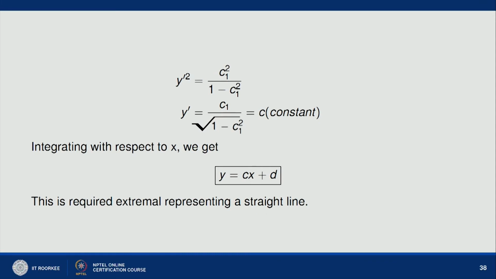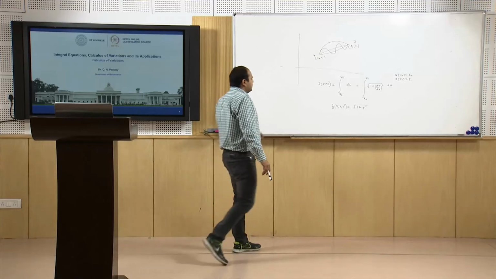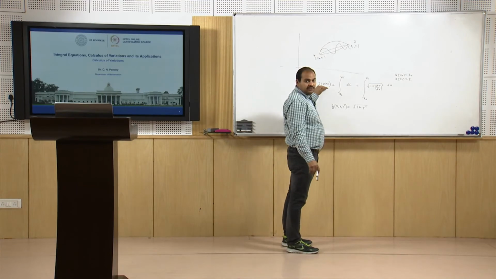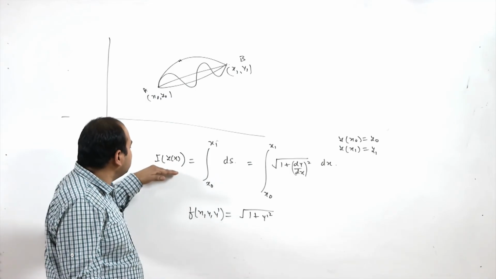Your y dash is c1 upon root of 1 minus c1 square, which is nothing but another constant, which we can call c. So y dash comes out to be c, and if we integrate this with respect to x, we get y equal to cx plus d, which is nothing but a straight line. It means that the straight line is the curve which extremizes this functional.